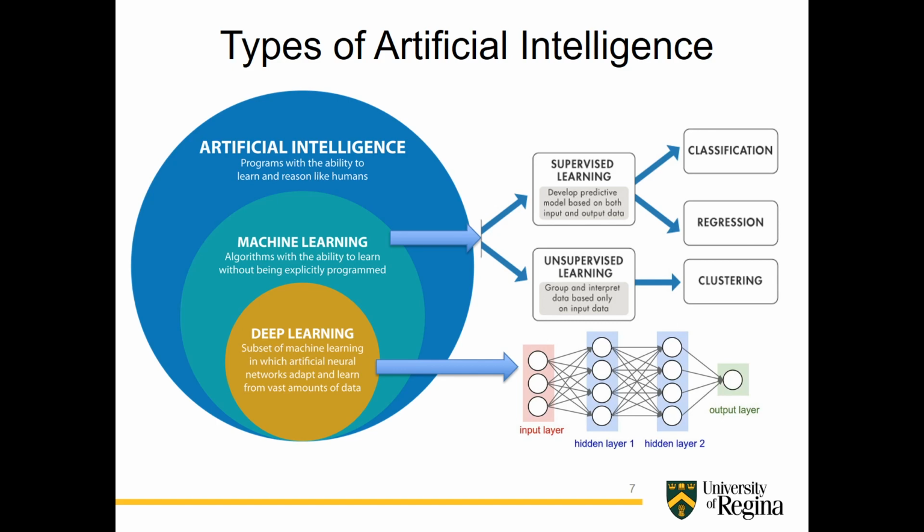Machine learning is a subset of artificial intelligence. It's getting computers to perform tasks without being explicitly programmed to do them. Machine learning is done in two ways. It can be supervised or unsupervised. In supervised learning, machines learn to predict outcomes with help from data scientists.